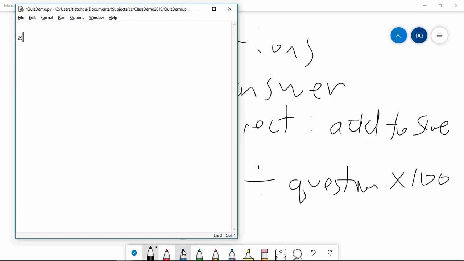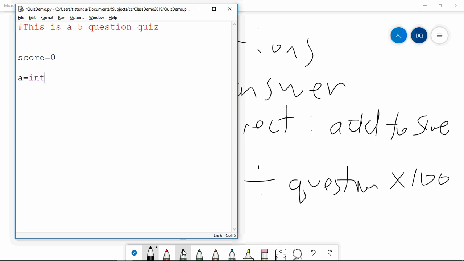Okay, so to start off, let's start with a comment saying this is a 5-question quiz. And we start out with a score equal to 0. And now let's ask question 1. So it'll be A, and A stands for answer.